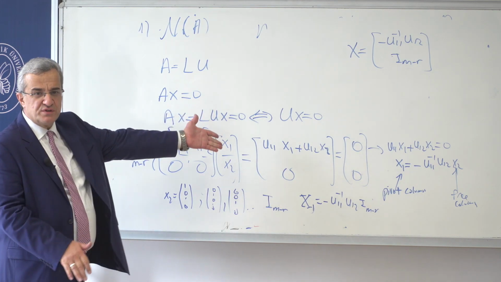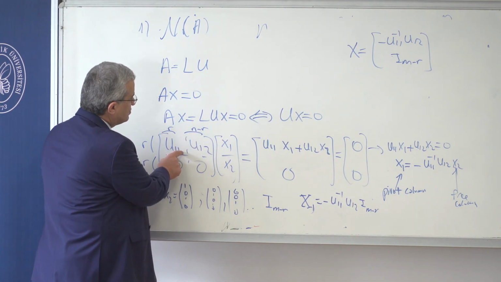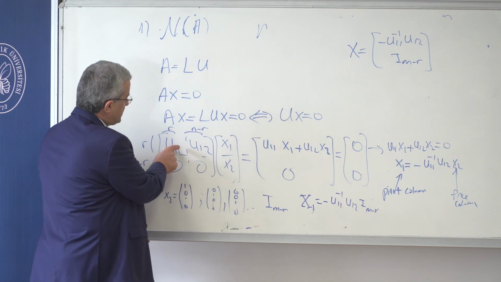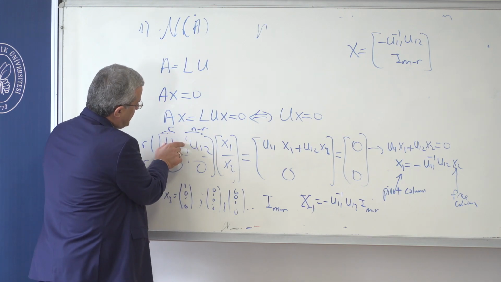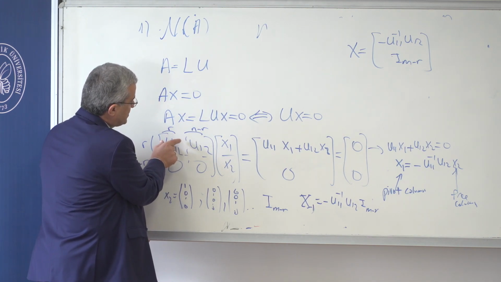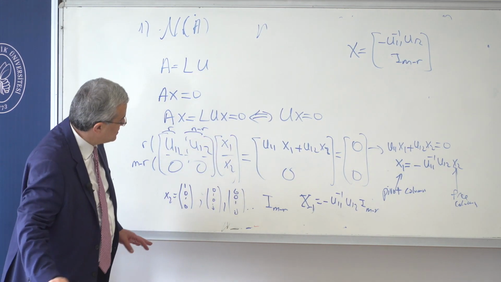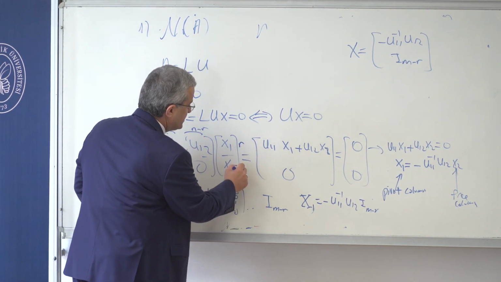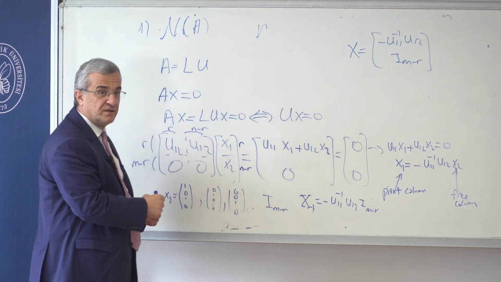We just carry out this multiplication, okay? So I partition this based on the rank. So I say, okay, this U11 is a non-singular matrix. This block matrix is such that this is r by r, and this is r, and this is n minus r.